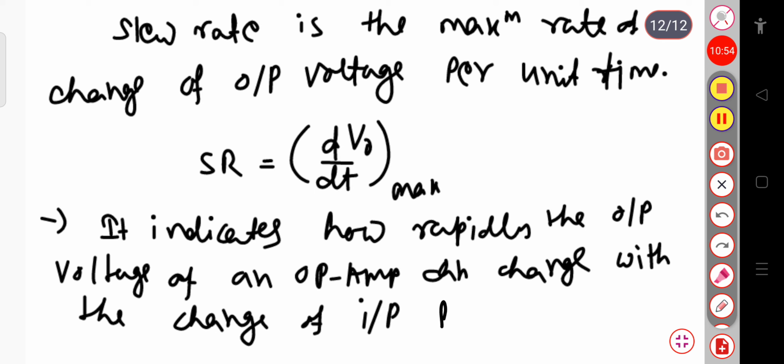That is, if you change the input frequency, then how the output voltage will vary is defined by the slew rate.